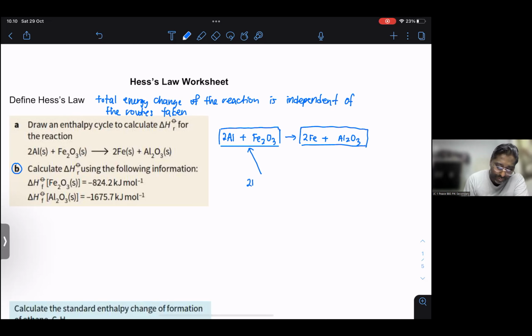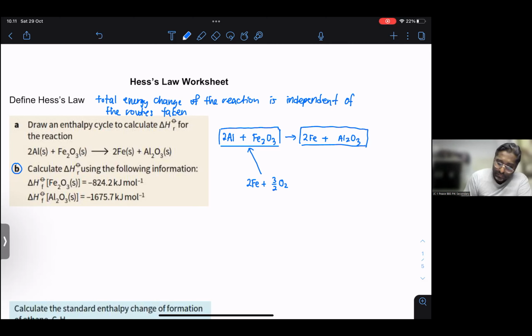Fe2 means you need two Fe, the element, and then three oxygen, so you form them using 3/2O2. That's actually the formation for Fe2O3. But we still don't need to close the box. So this is the formation for Fe2O3. For Al, you don't need to form.